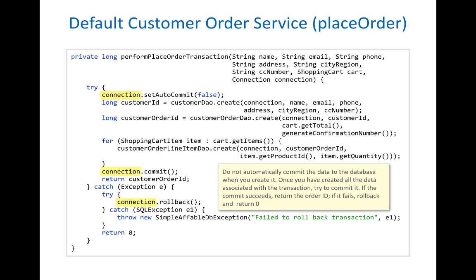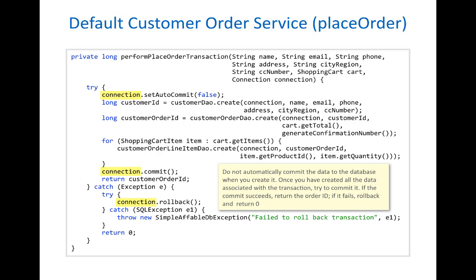This means that nothing we do gets committed until we explicitly call the commit method. We call it just before the code returns. Now, if something goes wrong in the try block, we call the rollback method on the connection. The rollback essentially cancels all of our reservations. We're no longer committing anything.